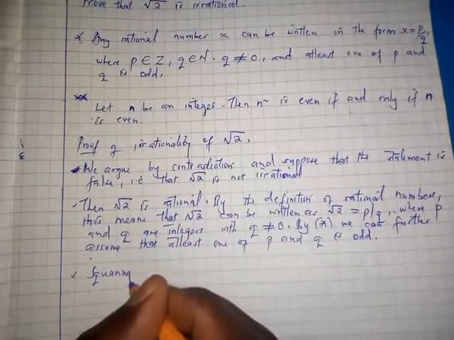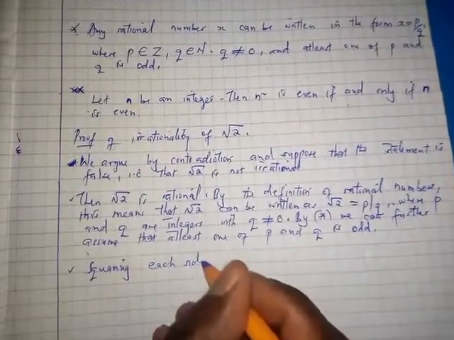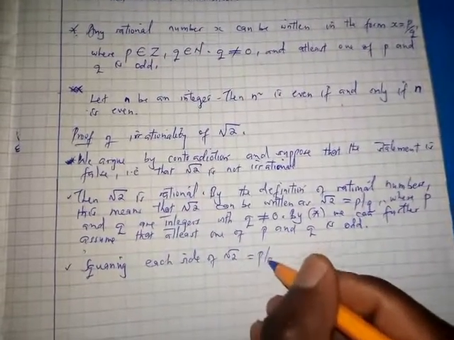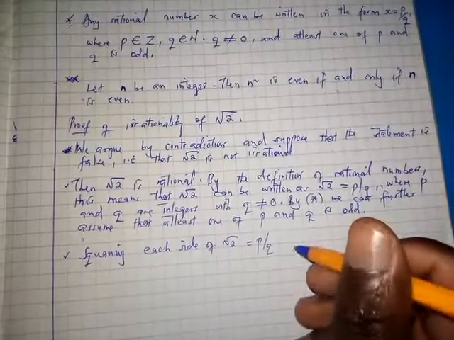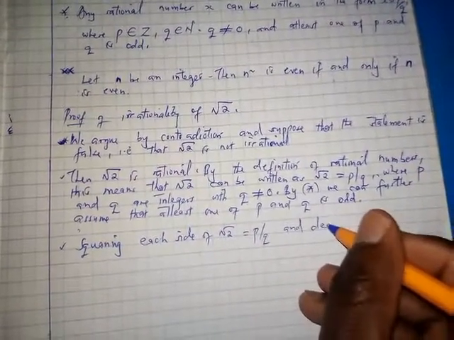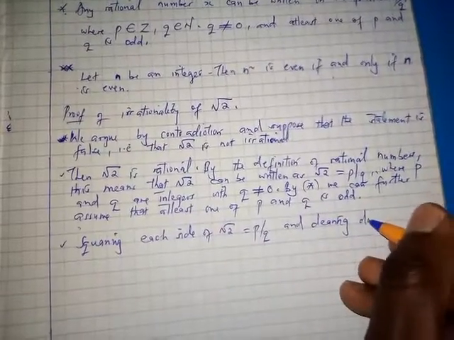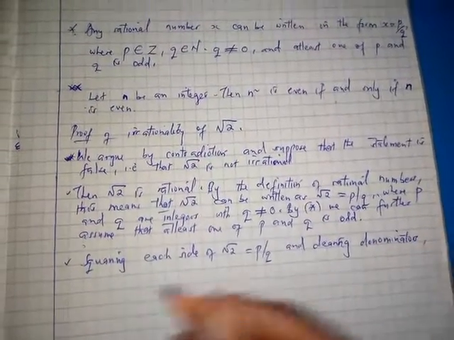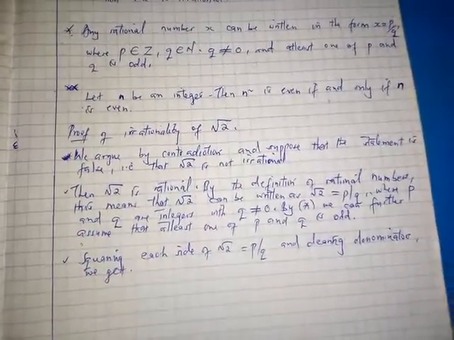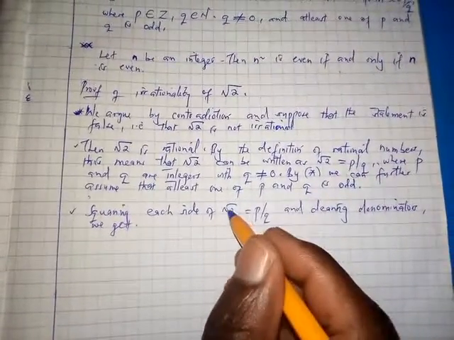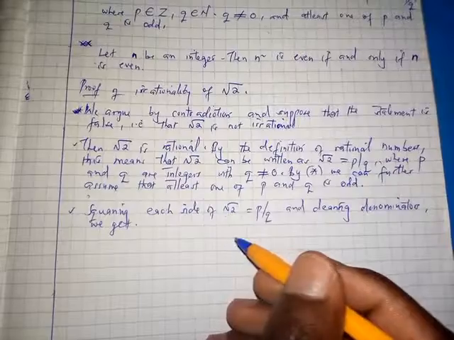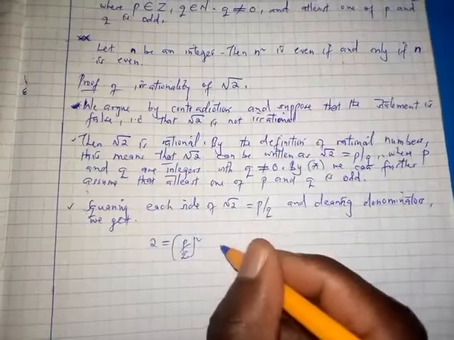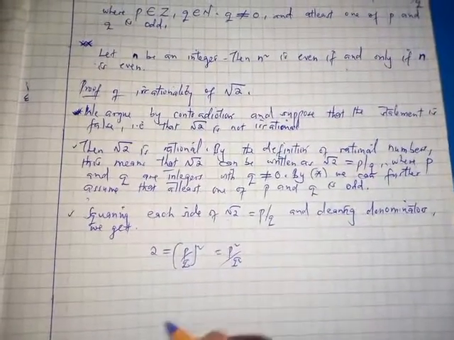Squaring each side of root 2 is equal to p over q, and clearing the denominators, we get 2 is equal to p squared over q squared.